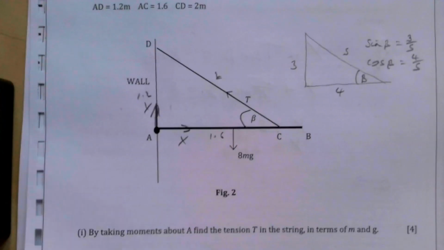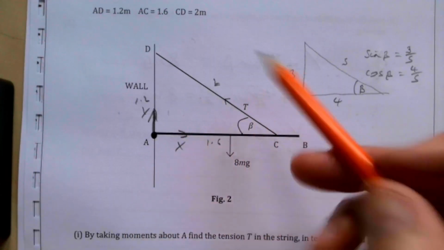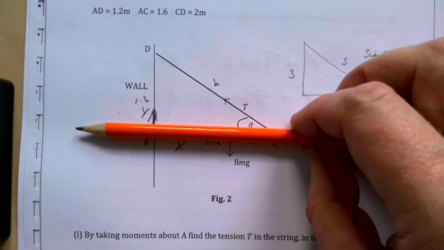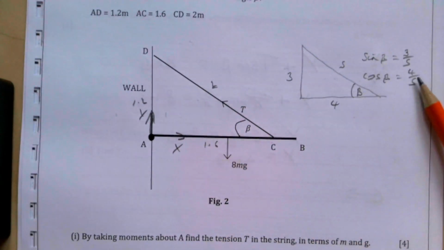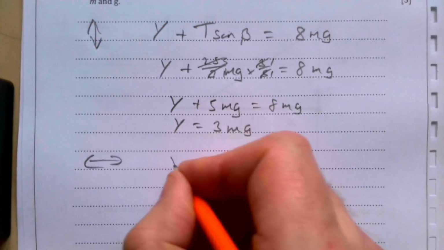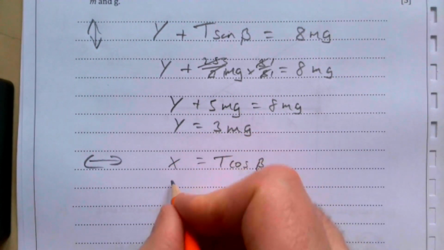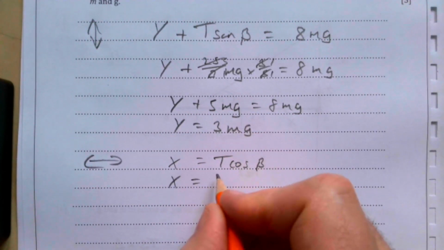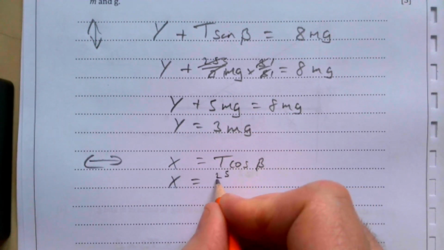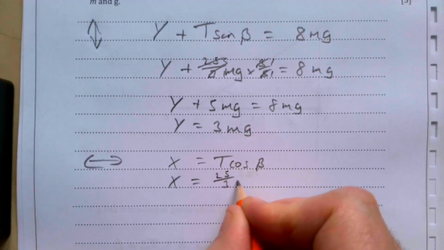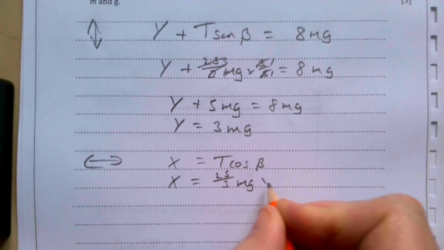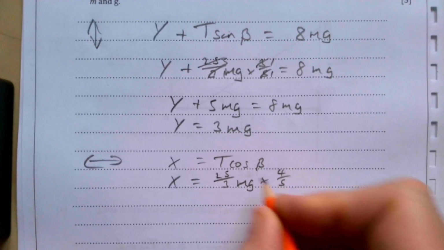Everything going left equals everything going right. Let's take a look at what we have. We're going to have X equals T cos beta. So cos beta is 4/5. So X equals 25 over 3 mg times 4/5.